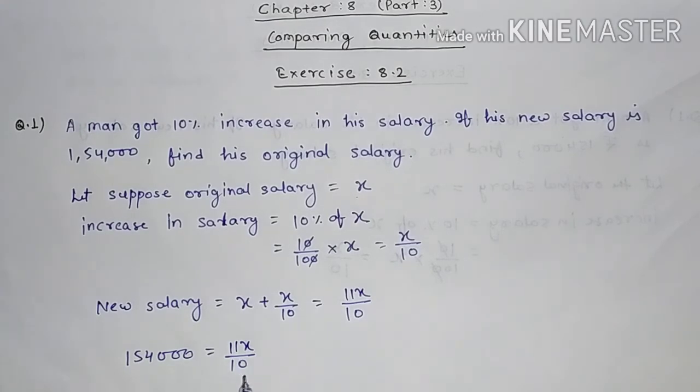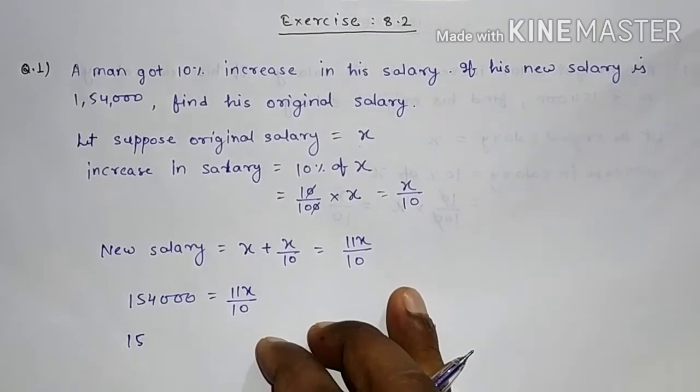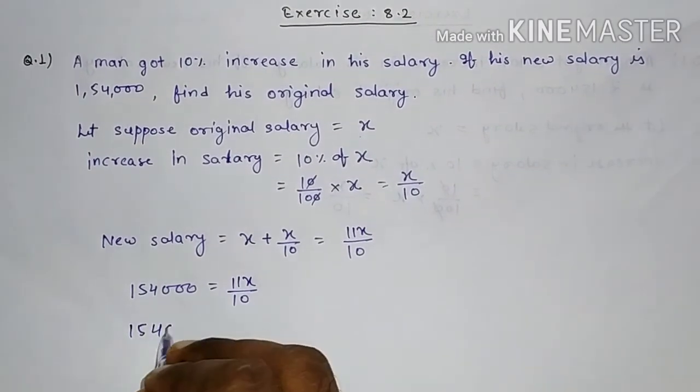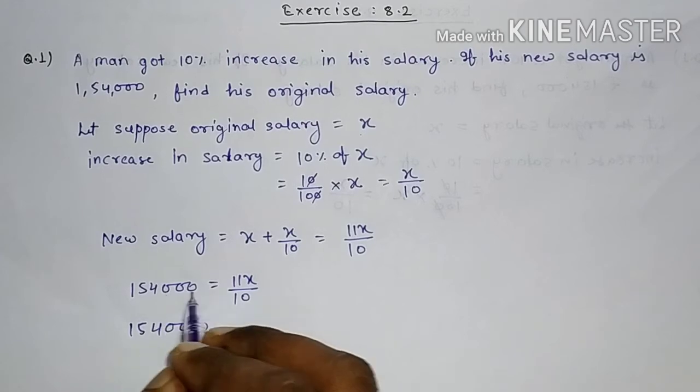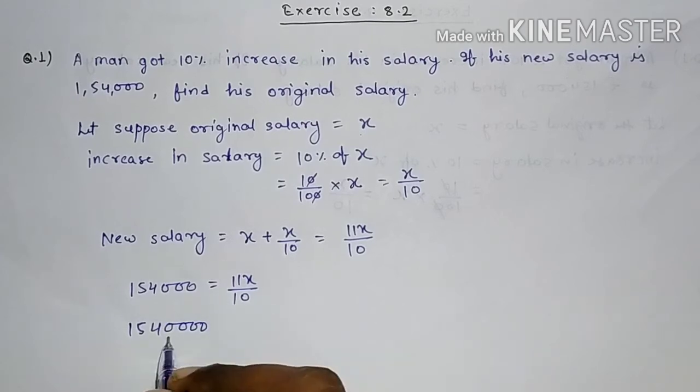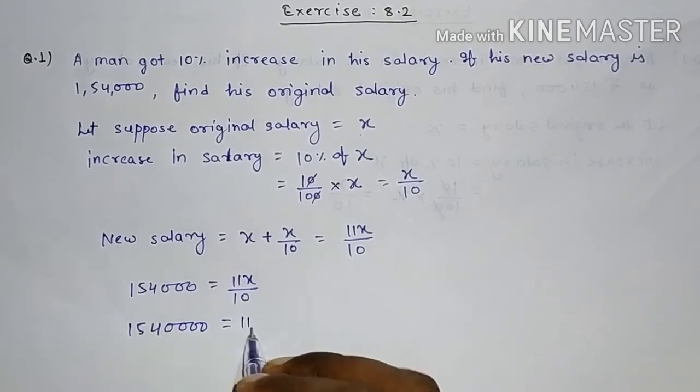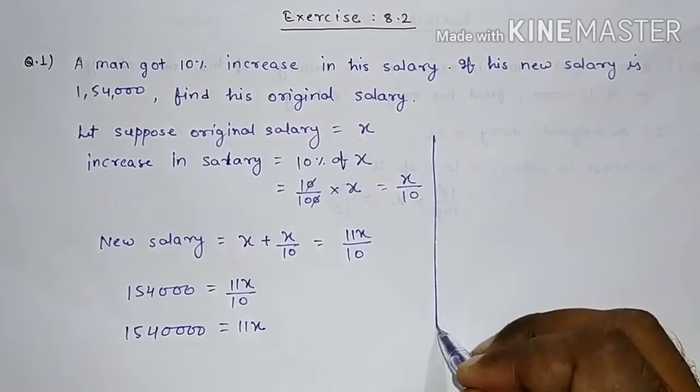So just do cross multiplication. 1,54,000 multiplied by 10 becomes 1,54,000 and here 3 times 0 and multiply by 10, that means 4 times 0. This equals 11x.